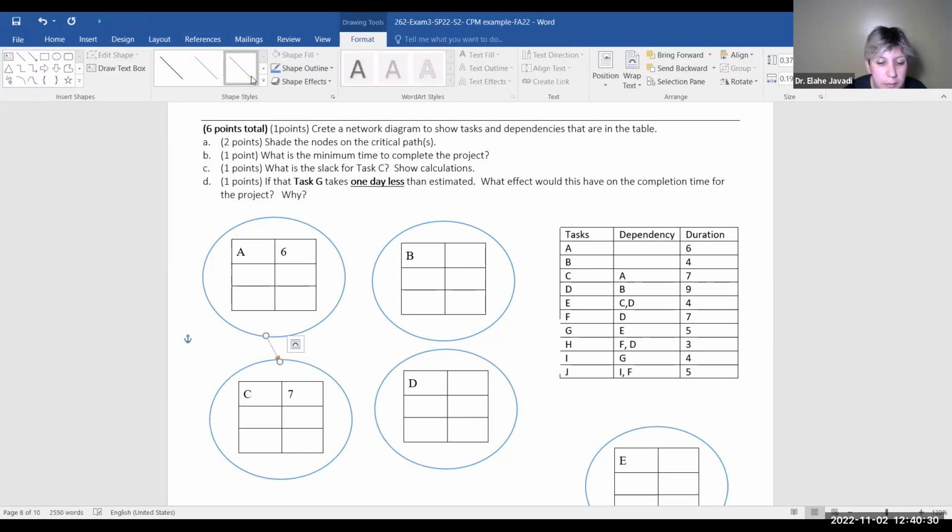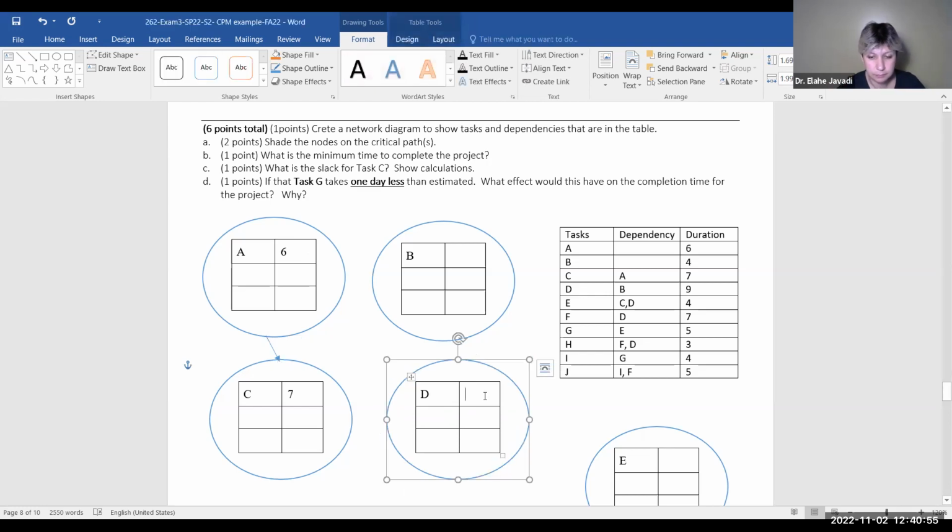I'm going to make the arrow orange. Or no, maybe I should keep the orange for the critical path. Next one, D. This is by the order I see on my screen, so don't wonder why I'm asking specific people in a specific order. It's just the way I see you on my screen. Carissa, D. What's the duration? 9. What does it depend on?